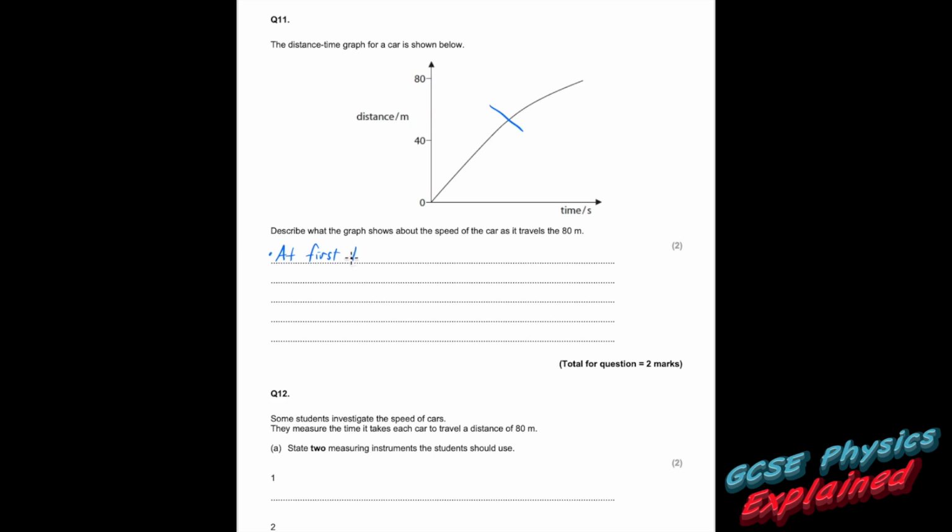So at first, the slope is steep, so speed is fast. Then the speed slows down because the slope is flatter.